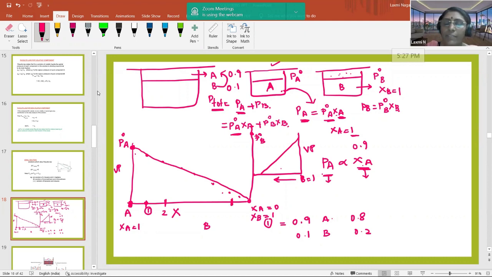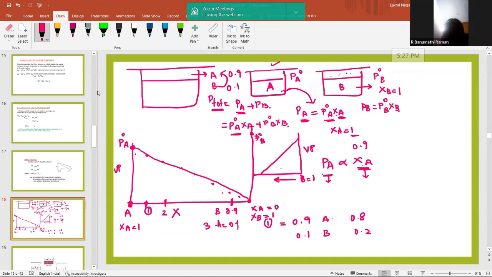From 1, B has come down to probably 0.9. Now B is 0.9 and A is probably 0.1. So when compared to its pure state, the amount of B in the mixture has reduced, and the pressure contribution also reduces. So for it also there will be a dipping point.